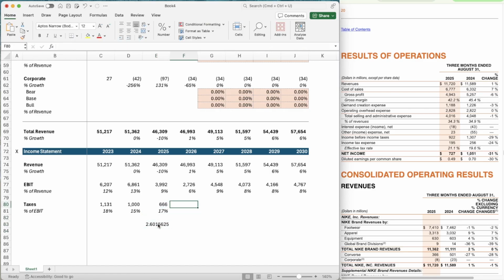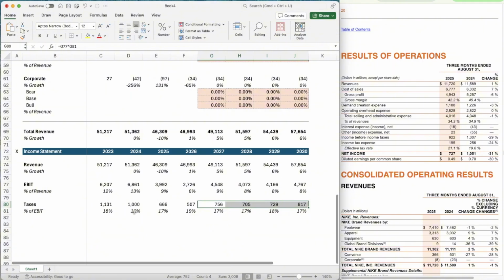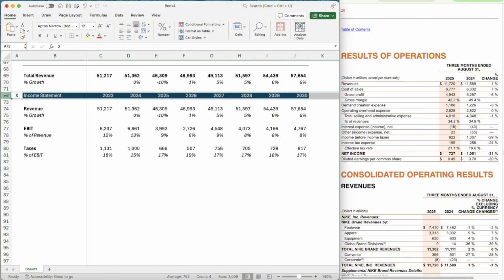Go 195 multiplied by 2.60. 15625. Take this down, put it along. We do your EBIT multiplied by your tax rate. Okay, that's the first part.